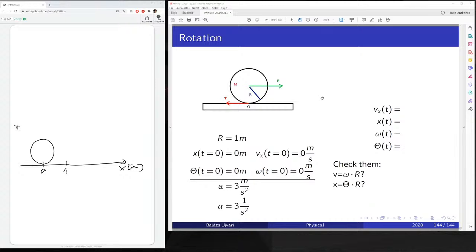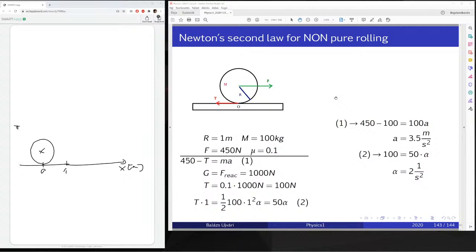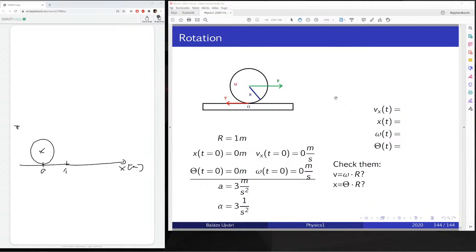If we look at only the origin of this wheel, if you calculate an A, like 3.5 meter per second squared, and if you know the initial position and initial velocity, if initial velocity is 0 and initial position is 0, the x(t) of this body will be a over 2 t squared, which is 1.75 t squared.